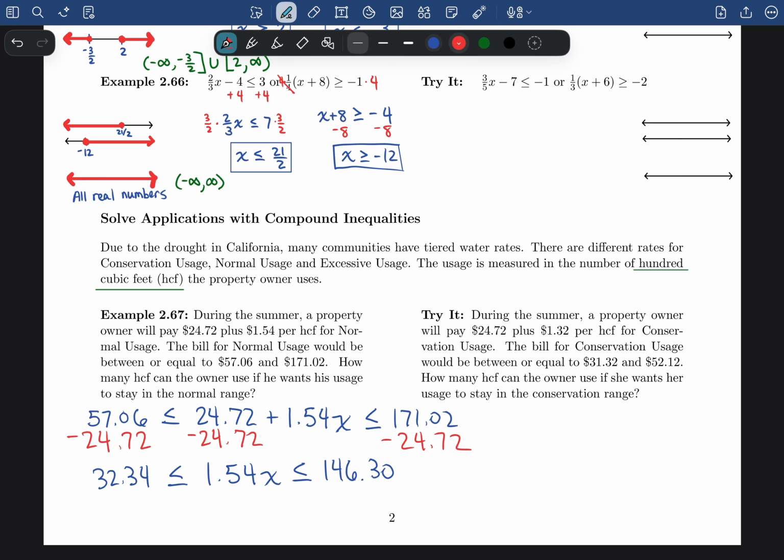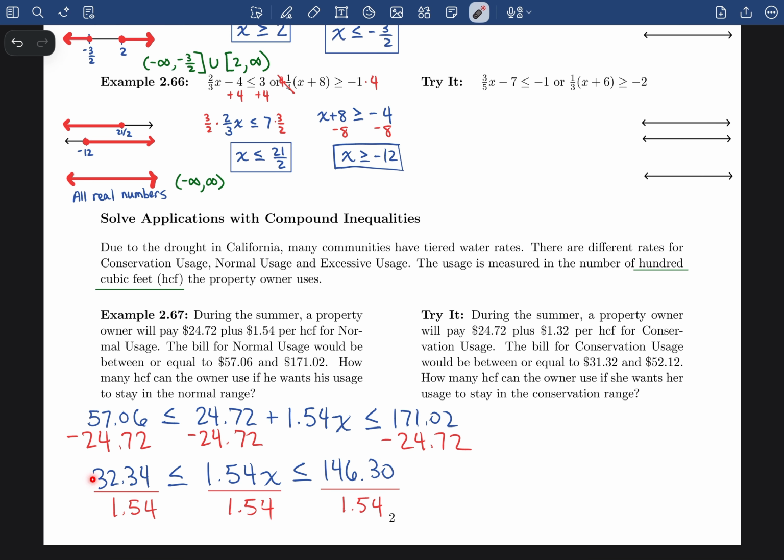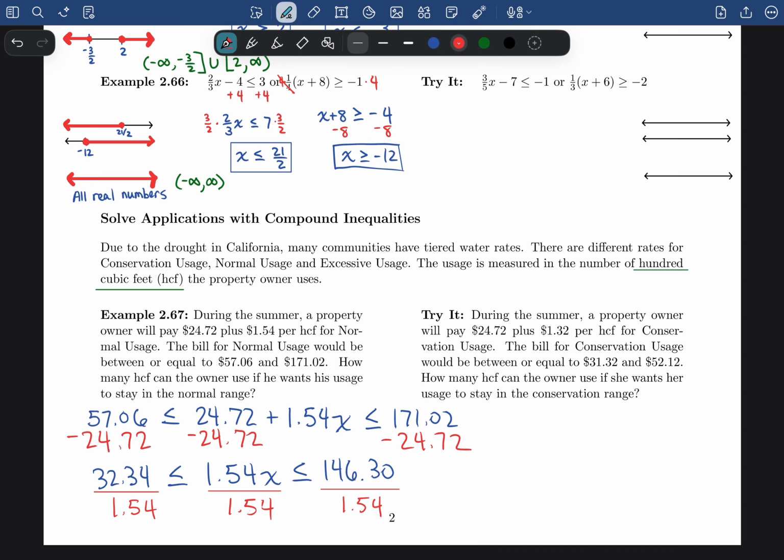Great. So now that I've subtracted off that $24.72, I now have this inequality that results. And now to get x all the way alone, I need to divide by $1.54, and I'm going to do that in all 3 regions, like this. Great. And so taking this 32.34 divided by 1.54 gives me 21.